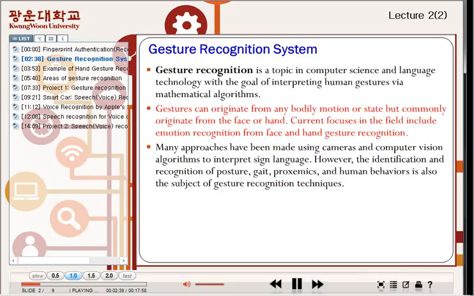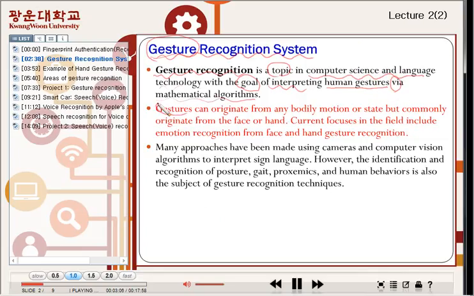Next, I'll show you the gesture recognition system. Here, gesture means hand gesture, finger gesture, body gesture, etc. Gesture recognition is a topic in computer science and language technology with the goal of interpreting human gestures via mathematical algorithms.